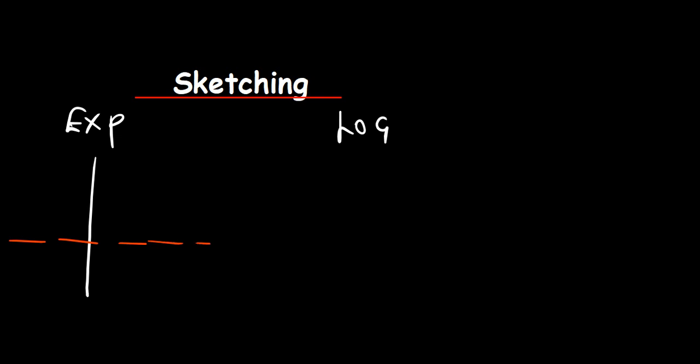For the log function, if this is your y-axis and this is your x-axis, the y-axis will be the asymptote. The asymptote is that line on the graph which you're not supposed to touch. So that's how these two are different, but otherwise they're just opposites of each other.